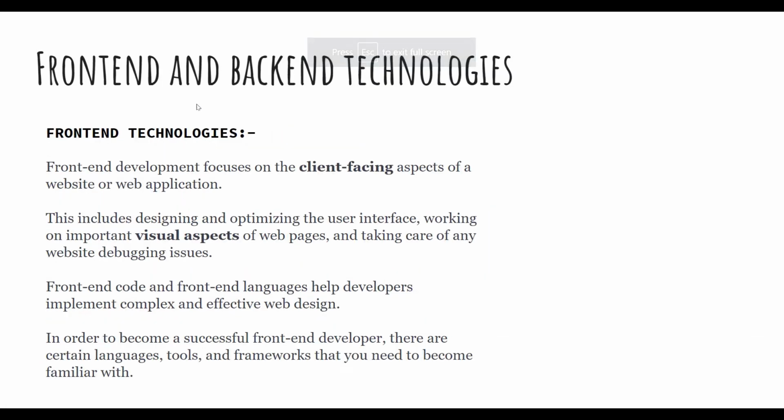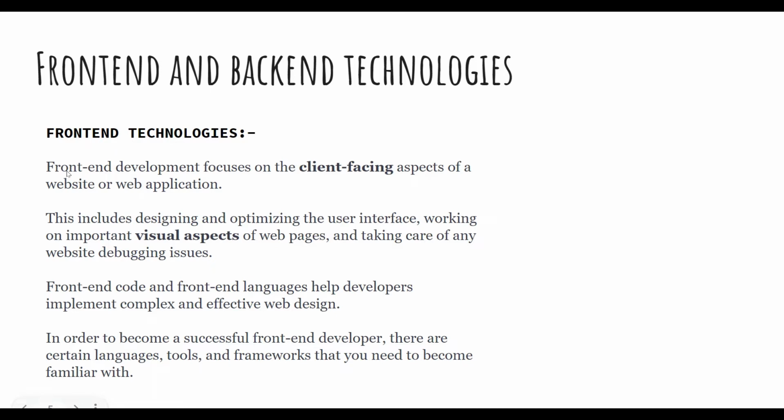So next we see front end and back end technologies. So a website will consist of front end and back end. So what do I mean by front end? Front end development focuses on client facing aspects of a website or application. This includes designing and optimization of user interface. So this is the keyword over here, user interface.